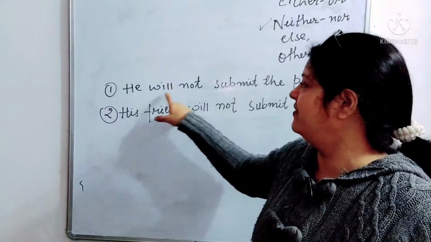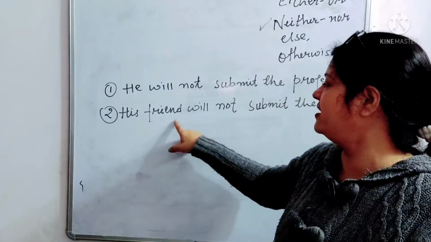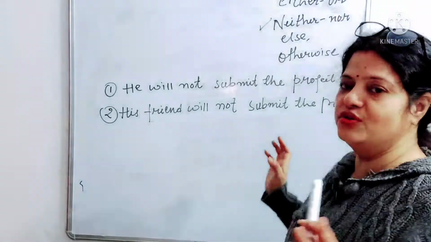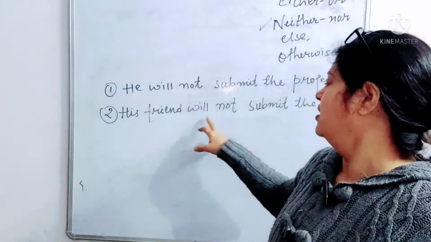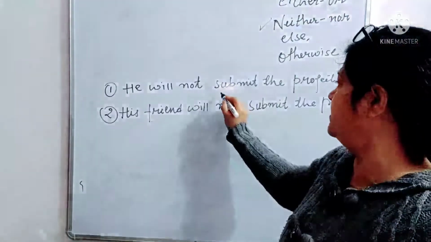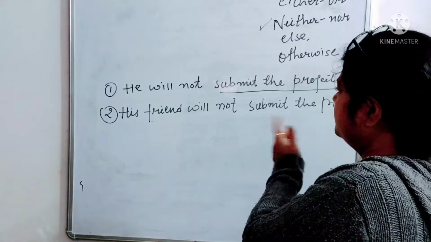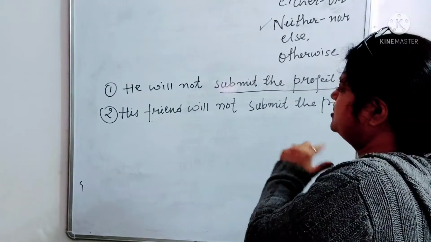We know that he will not submit the project. His friend will not submit the project, not his brother but his friend. So here we see that submit the project is same. He will not submit the project, his brother will not submit the project.